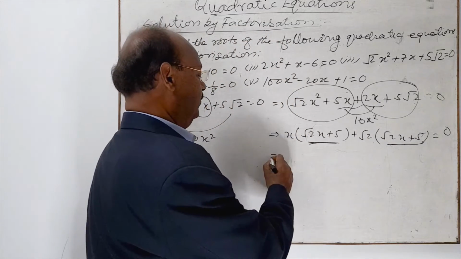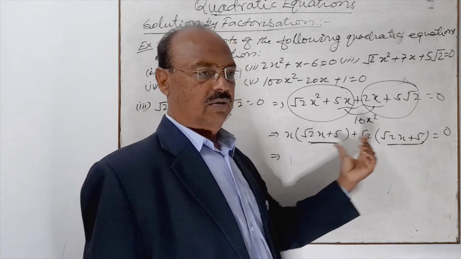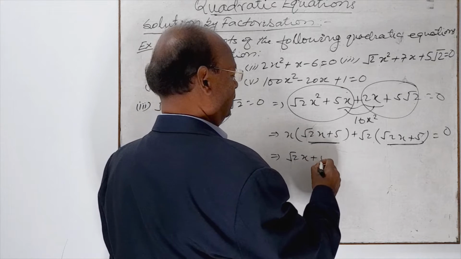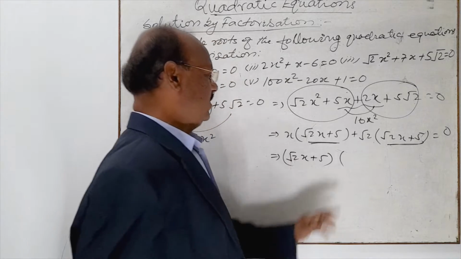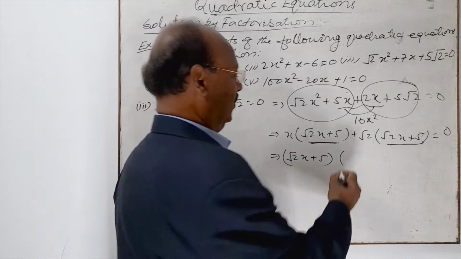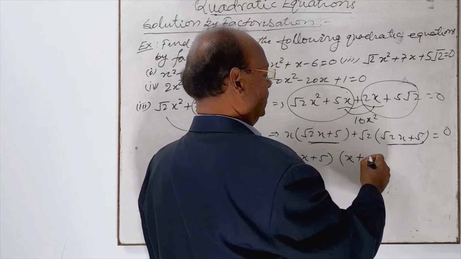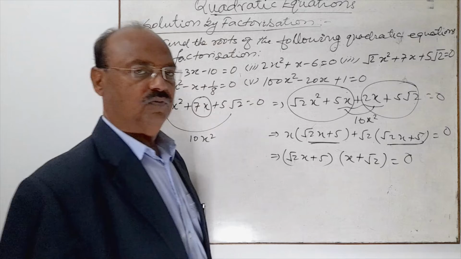Now the next step, you take this similar part common from these two terms. So let us take root 2x plus 5 common. The remaining parts will be x from the first, and from the second term root 2, is equal to 0. Correct?